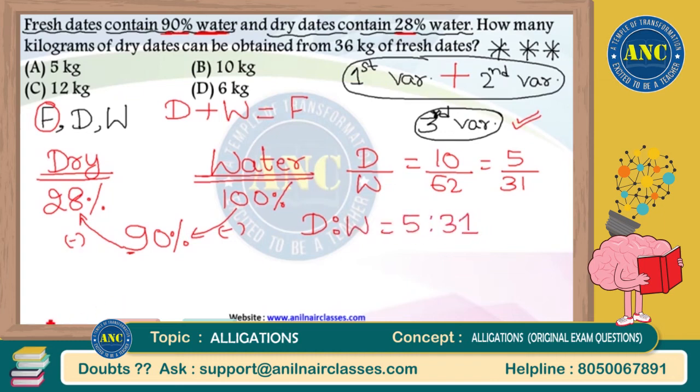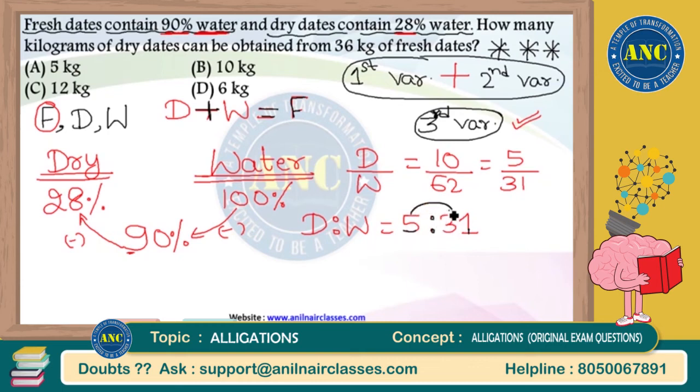Now think a little logically, sir. What is the combination of dry dates and water? The combination of dry dates and water is fresh dates. That means according to the ratio, 5 kgs of dry dates is present and 31 liters of water is present.